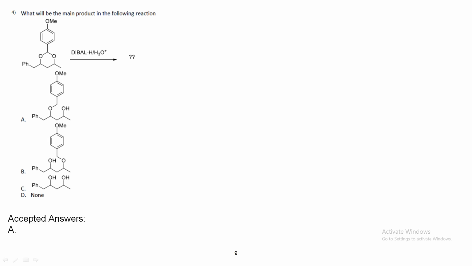Now coming to the next problem. DIBAL-H. I hope all of you know what DIBAL-H is. It has isobutyl groups and aluminum. This is the DIBAL monomer form, but it actually remains in dimeric form.